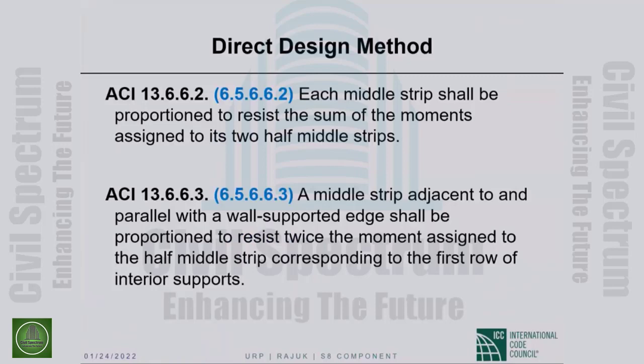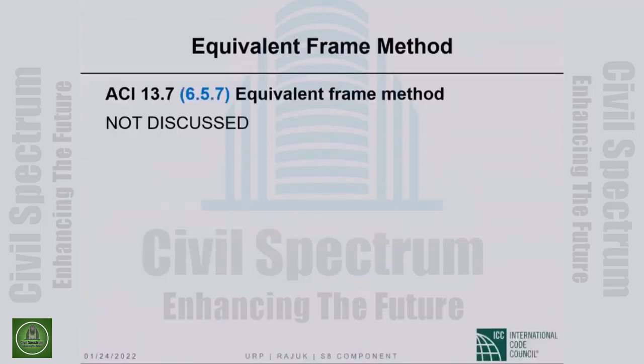So each middle strip shall be proportioned to resist the sum of moments assigned to two half middle strips. That is pretty much common sense. A middle strip adjacent to and parallel with a well-supported edge shall be proportioned to resist twice the moment assigned to the half middle strip corresponding to the first row of interior supports. This again, if you look at a picture and read, you will see what is being said.